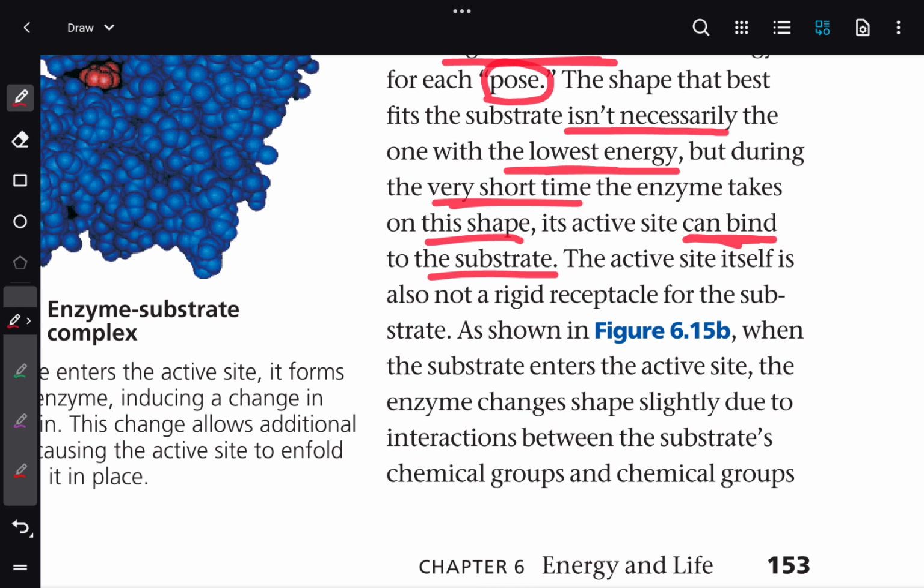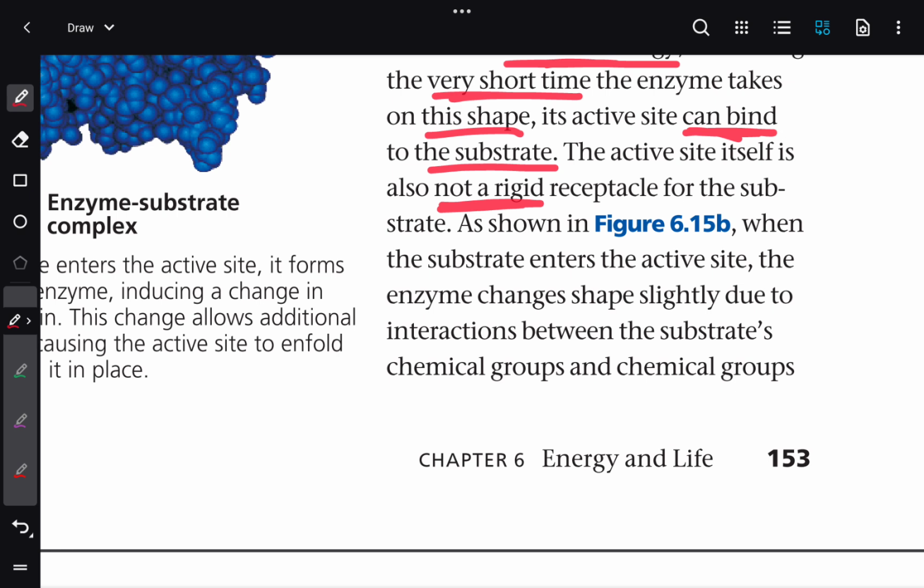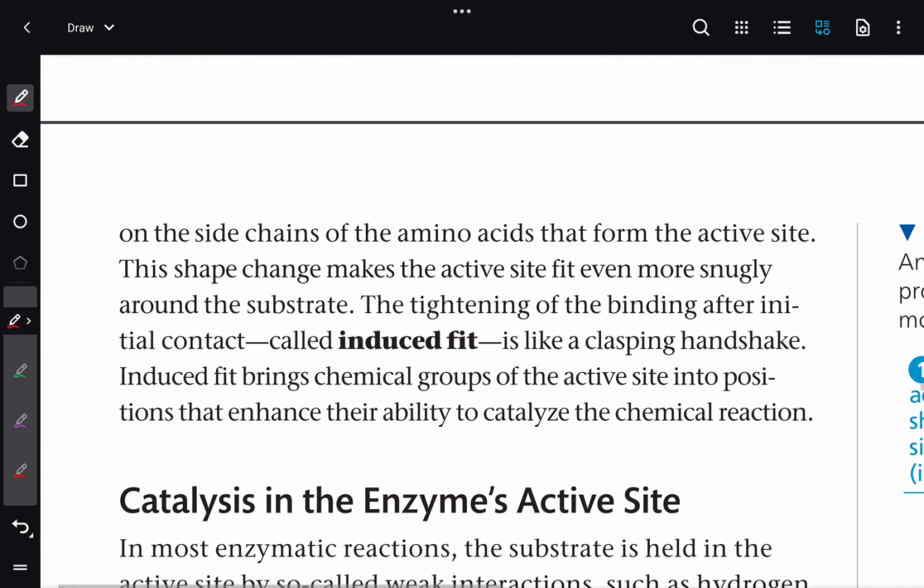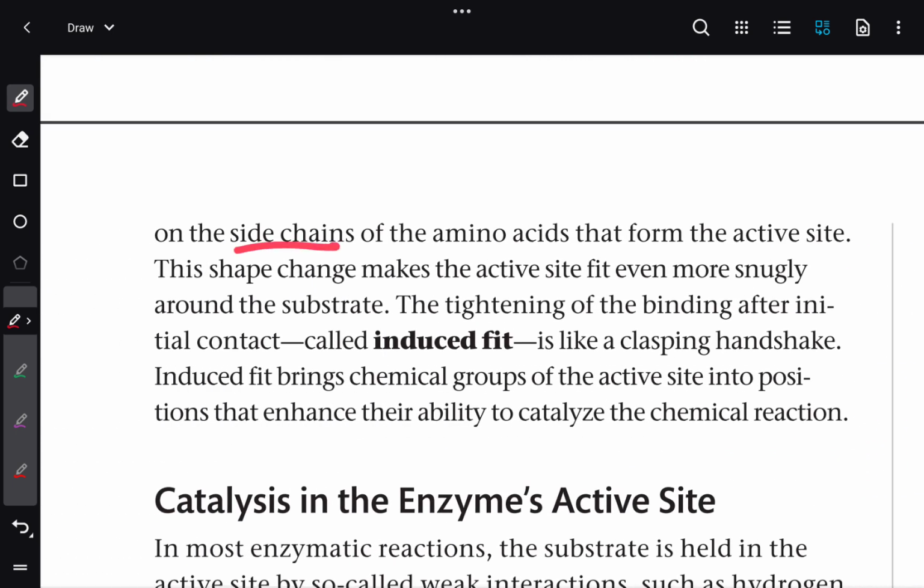it's irrelevant here. Now, the active site itself is also not a rigid receptacle for the substrate, as shown by figure 115b. When the substrate enters the active site, the enzyme changes shape slightly due to the interaction between the substrate's chemical group and the chemical groups of the active site on the side chain of the amino acids that form the active site.